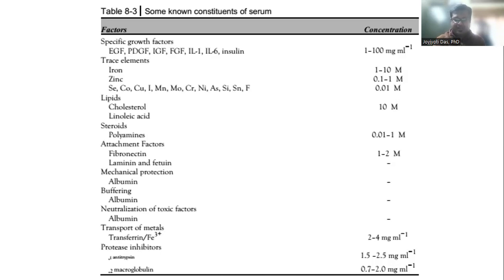We have already discussed the process of subculturing, wherein we use trypsin to dislodge the cells from the substrate. Because there are protease inhibitors in serum, after lifting the cells with trypsin, we use the complete media which contains serum to neutralize the activity of trypsin.